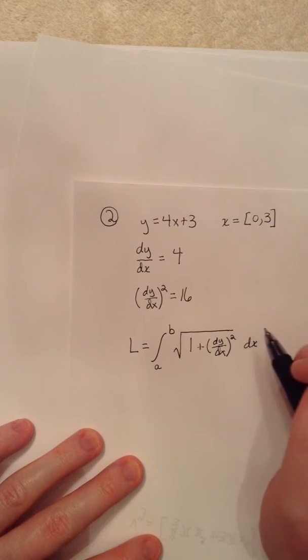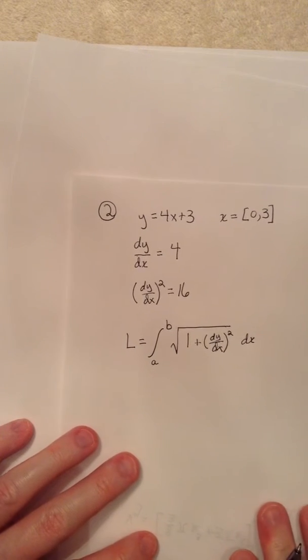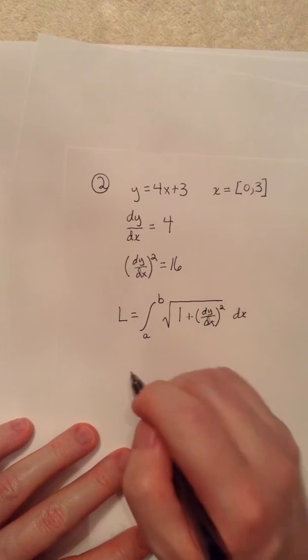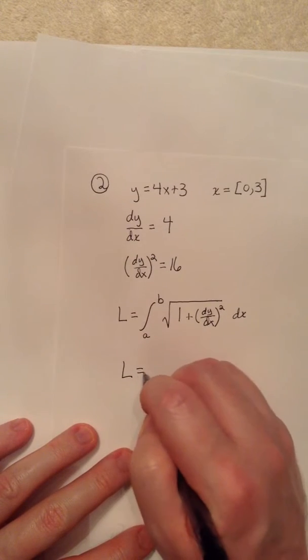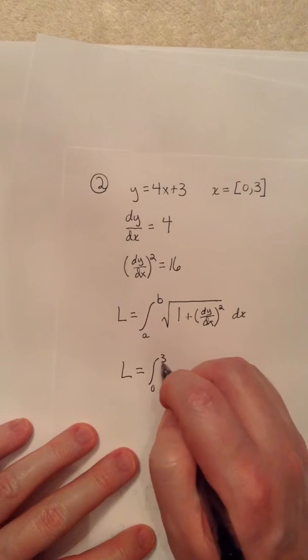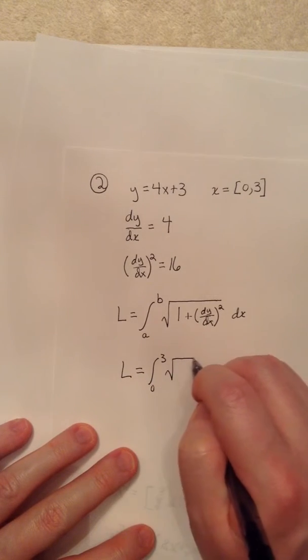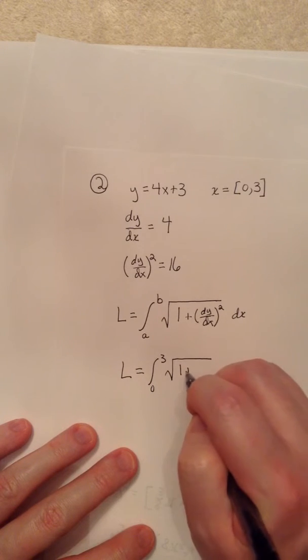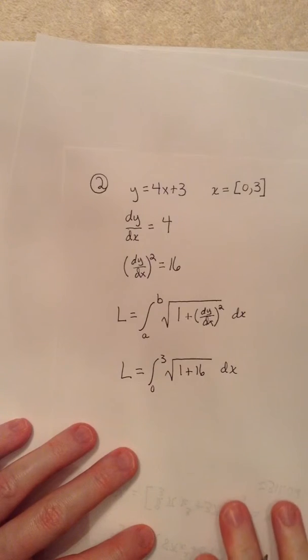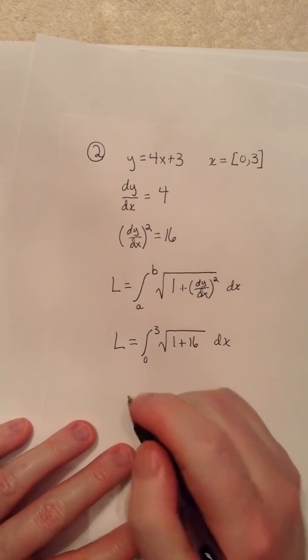And integrating with respect to x, with the limits of integration, again, we're going from x equals 0 to x equals 3. So for the length of the curve, now we're going from 0 to 3 of the square root of 1 plus 16 dx. And of course, 1 plus 16 is 17.